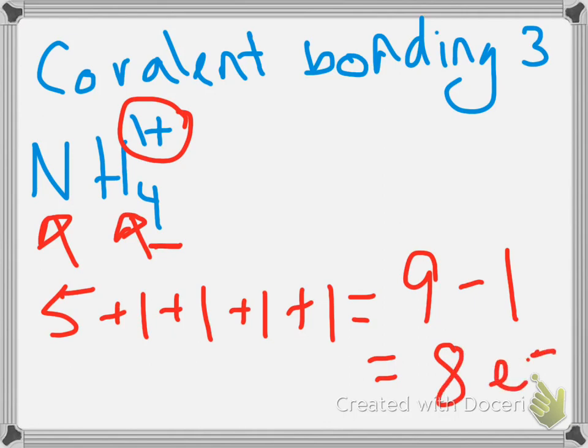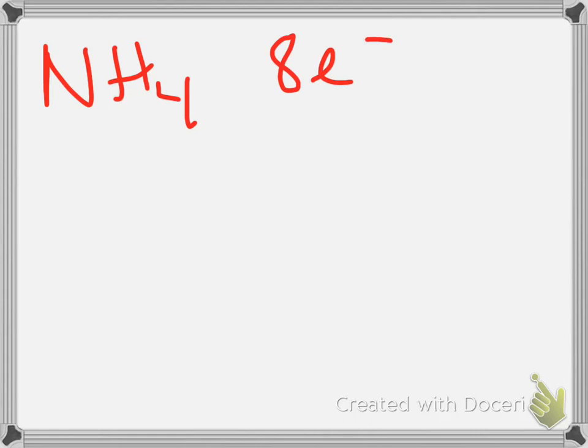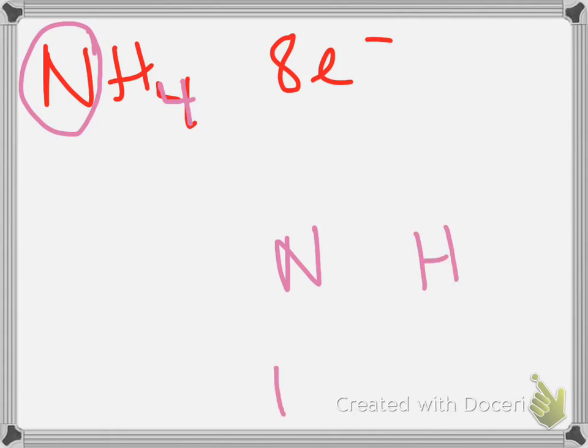Okay? So, the way we draw this structure, now that we know that we have 8 electrons, is we need to figure out what our central atom is. Just like we've done previously, our central atom is going to be the one that there is fewer of. So notice there's 1 nitrogen, but 4 hydrogens. So nitrogen is going to go in the center, and it's going to be surrounded by our 4 hydrogens.